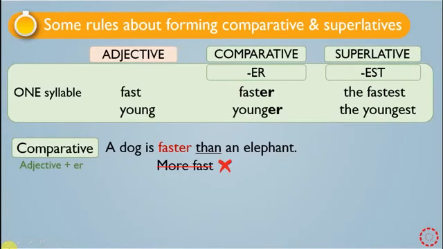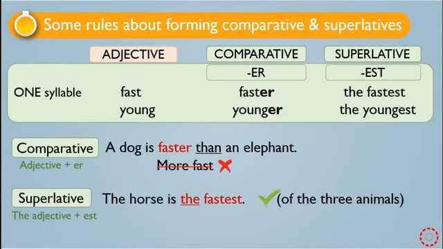And what about the superlative form? We add est to the adjective to make the superlative form. We say fast, faster, the fastest, young, younger, the youngest. Look at this example. The horse is the fastest.